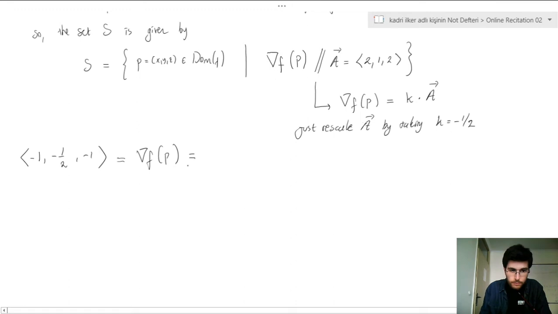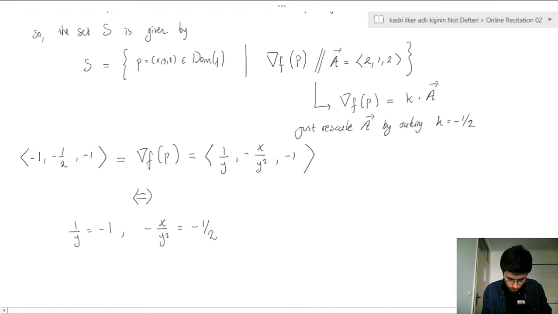The gradient of f we already computed, right? So what was it? It is (1/y, -x/y squared, -1). Therefore, this gives 1 over y should be minus 1, and minus x over y squared is minus 1 over 2.